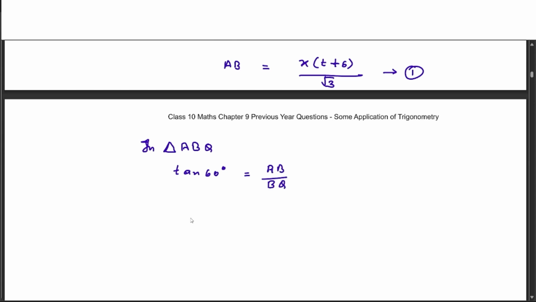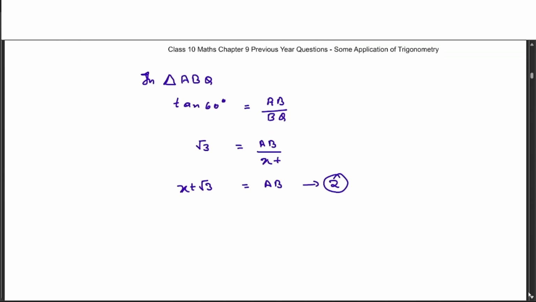Tan 60° value is root 3, equal to AB over BQ, and BQ is xt. Again, do the cross multiplication: root 3 times xt is equal to AB. This is equation 2. Now your AB from equation 1 is equal to AB of equation 2.